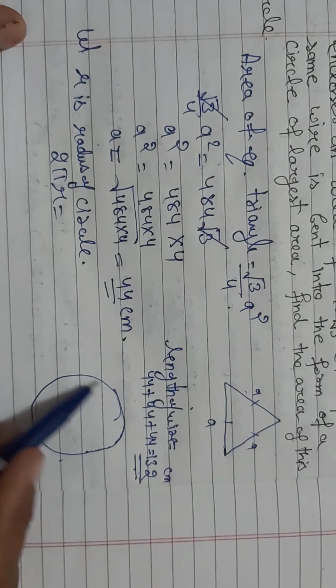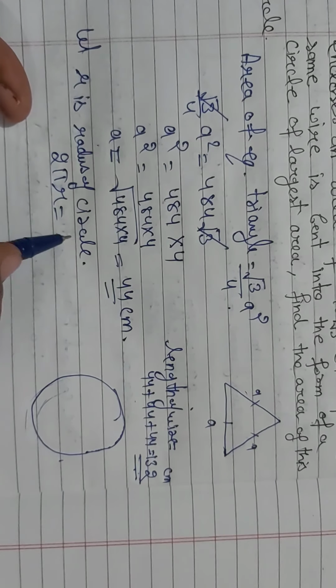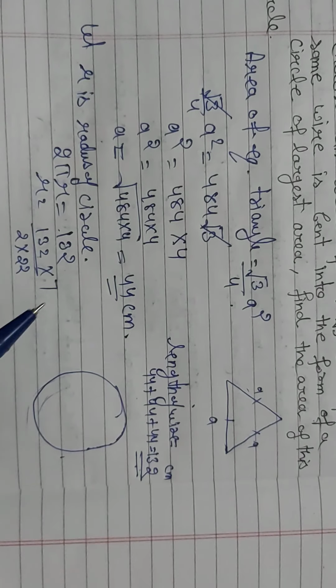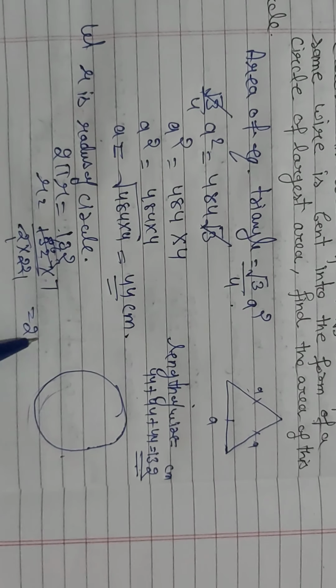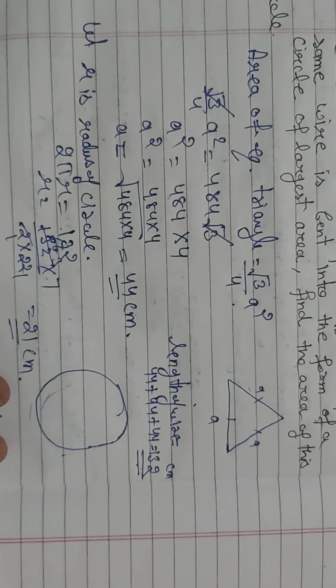This is the length of the wire, the complete perimeter, 132, and r equals 132 by 2 into 7 by 22. So 21 is the radius of the circle, 21 centimeter.